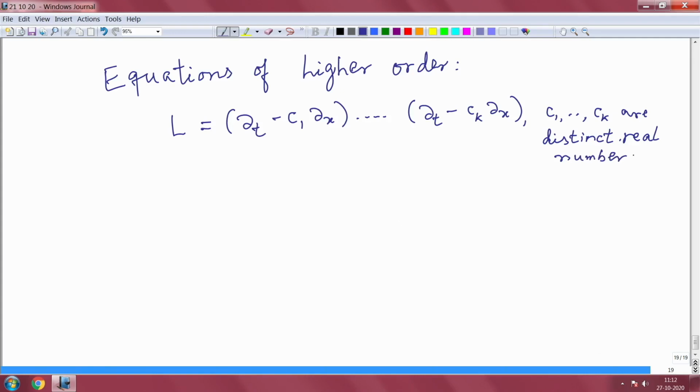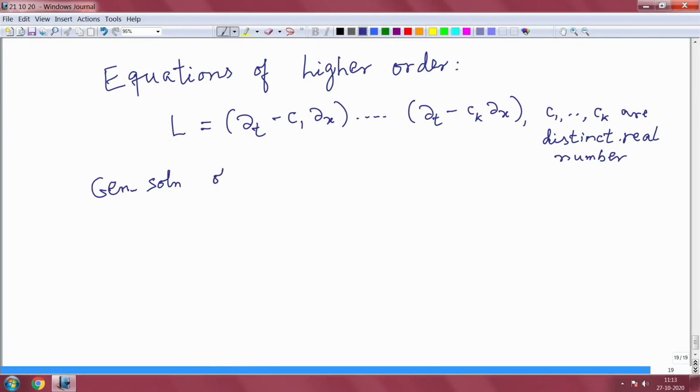What we can show is this general solution. This just follows by an induction argument, so I will not do the details; you can do it yourself.